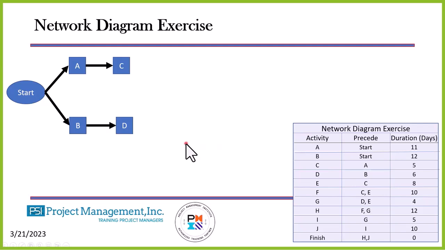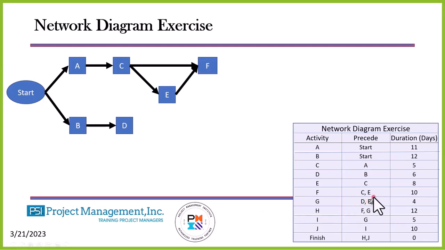I draw in D. Then I ask the question, what does C precede? Well, now I see that C precedes two things, doesn't it? C precedes E and C precedes F. I'm going to put E in here, and then I'll draw my line to it. Then I'll put F in, draw my line to it.